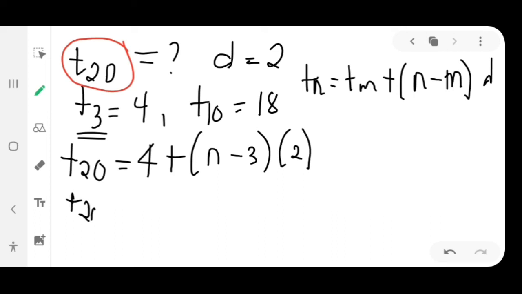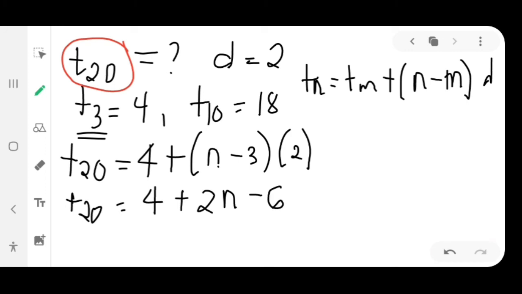Let us simplify the given equation. So we have t sub 20 is equal to 4 plus n times 2 is 2n. Negative 3 times 2 is negative 6.